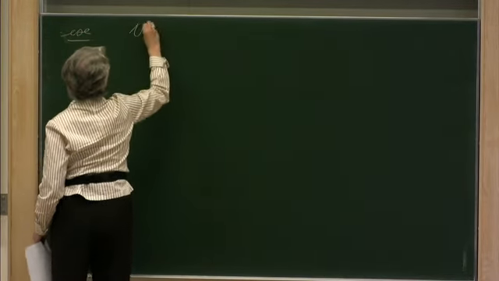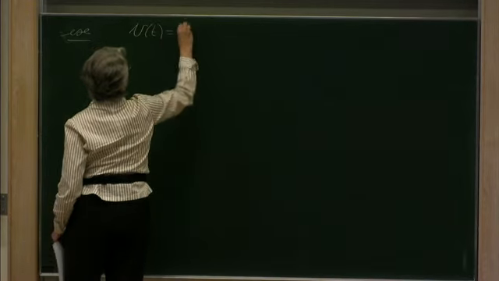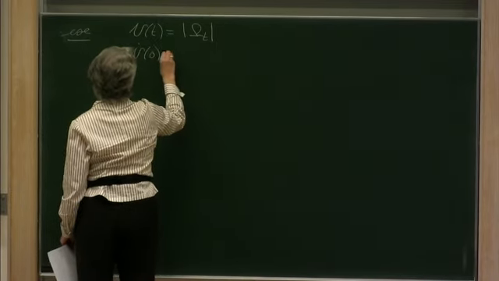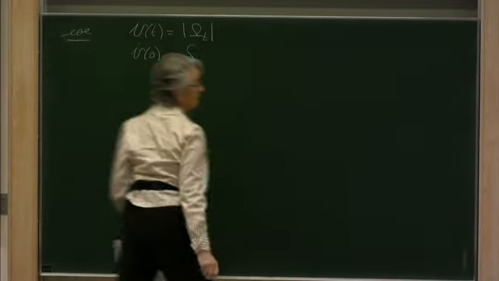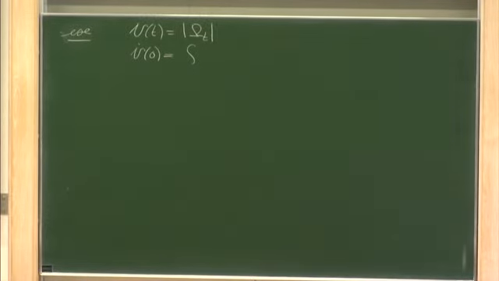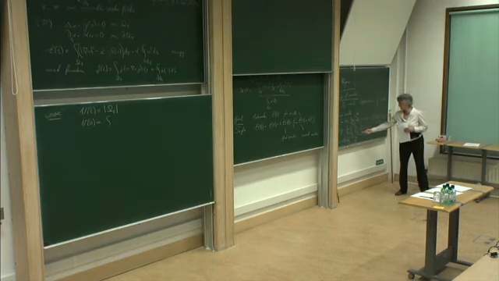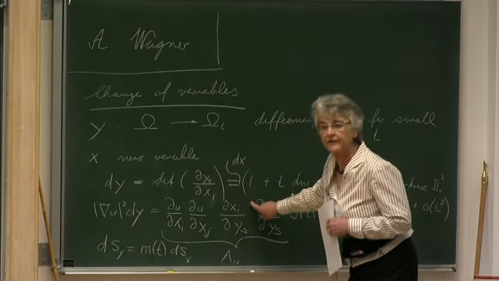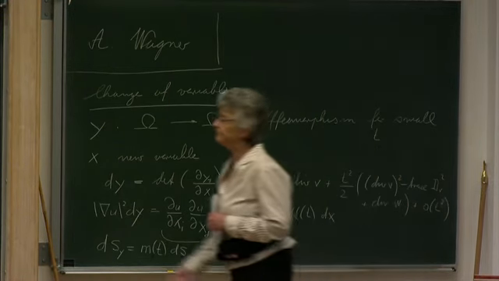With this expression, we can just look at a few examples. So if we look at the volume V(t), the volume of omega t, and we are looking for the first variation. In the expression of the gradient squared, you are summing over the repeated indices. Yes.